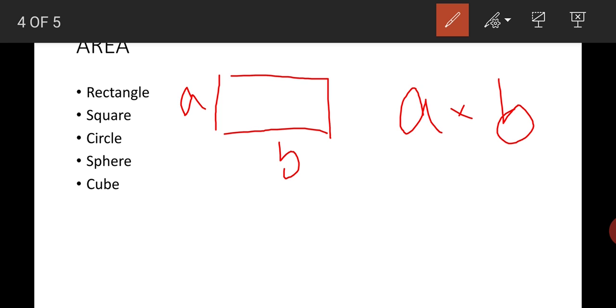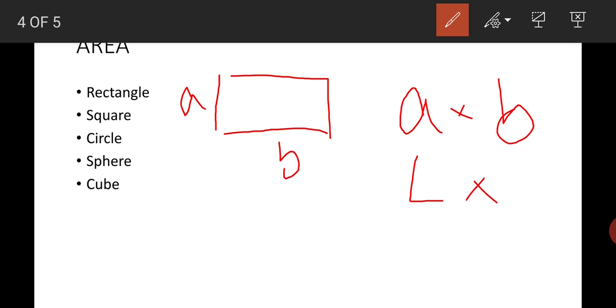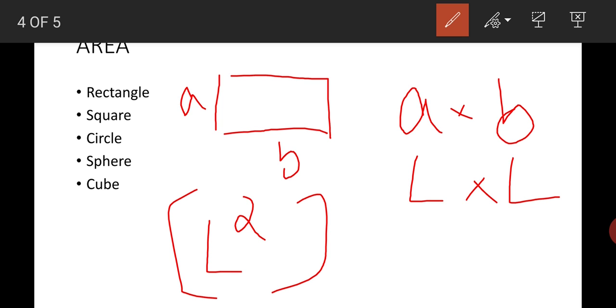Then what will be the dimension? a, which means the length of one of the sides, has dimension L. b is also having dimension L. Which implies the dimension of area is L square, L into L, which is L square. We have got the expression for the dimension of the area of a rectangle.